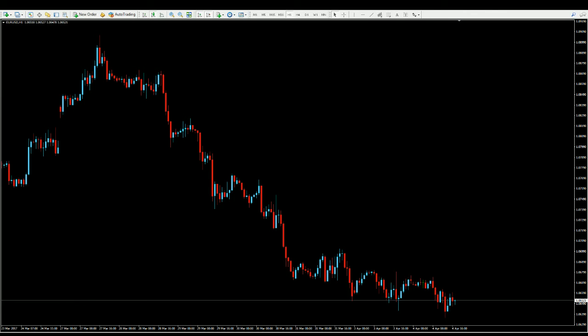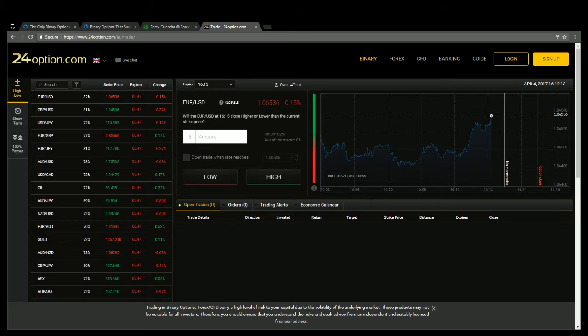Okay, so obviously we need, here are the broker's charts, for example, the 24 Option charts here. As you can see, you can have candlestick charts as well if you want.